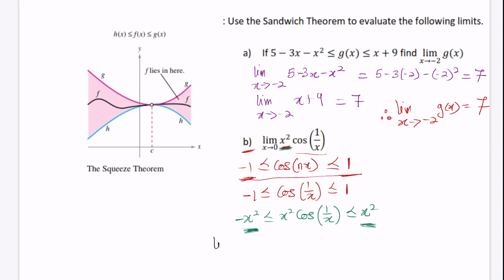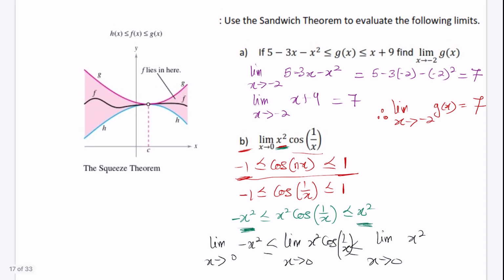So I'll say the limit as x approaches 0 of negative x squared, and I also find the limit as x approaches 0 of x squared, and the limit as x approaches 0 of x squared cosine 1 over x. So clearly, I know that the answer to this is 0, and the answer to this is 0.